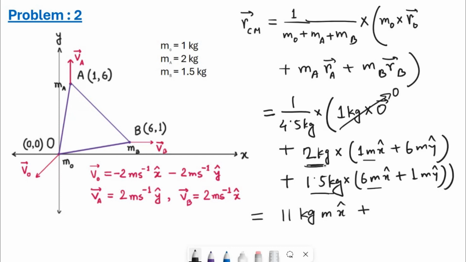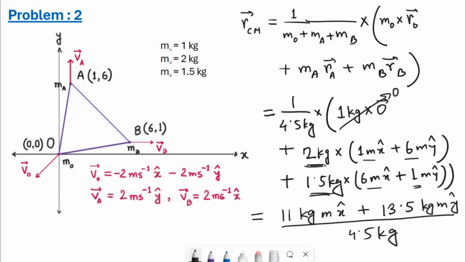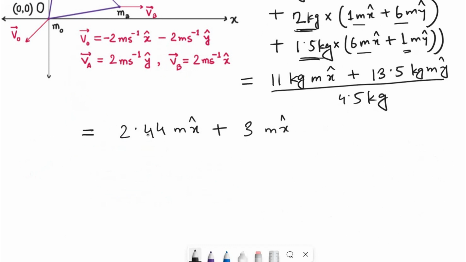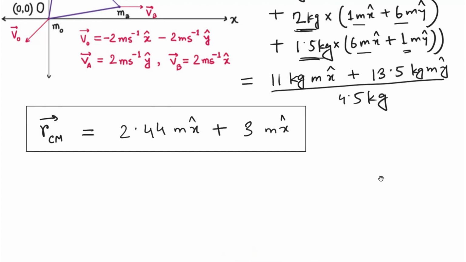We have 2 times 6, so that's 12, and then 1.5 times 1, so that's 1.5, so 13.5 kilogram meter y hat, and all divided by 4.5 kilogram. So let me run that by a calculator, and the calculator tells me that this is the answer. Alright, so let me box it up. This is the position of the center of mass.